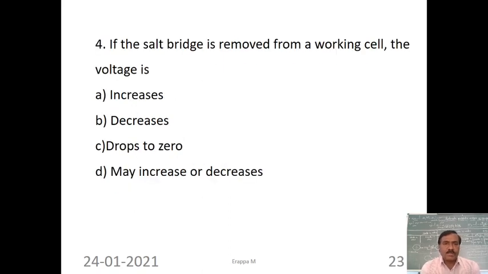Number 4: if the salt bridge is removed from a working cell, the voltage A increases, B decreases, C drops to 0, D may increase or decrease. The answer: when the salt bridge is removed, C is the answer, it drops to 0.